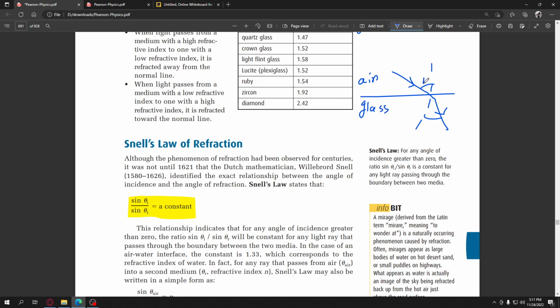If you take angle I and angle R and make a ratio of their sine, it will give you a constant value, but only between air and glass. If it was air and something else, let's say water, that would have a different constant. So that's where Snell's law came from.